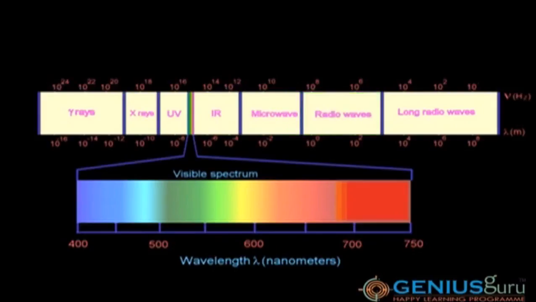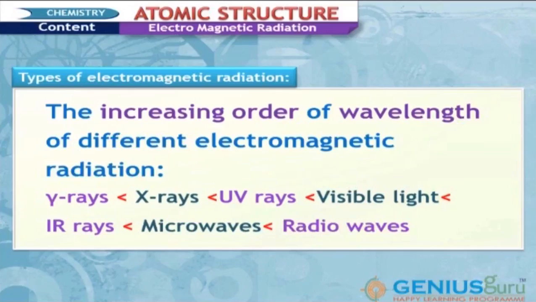From this we conclude that radio waves have maximum wavelength, whereas gamma rays have minimum wavelength.